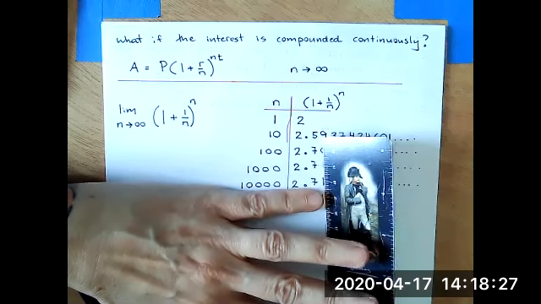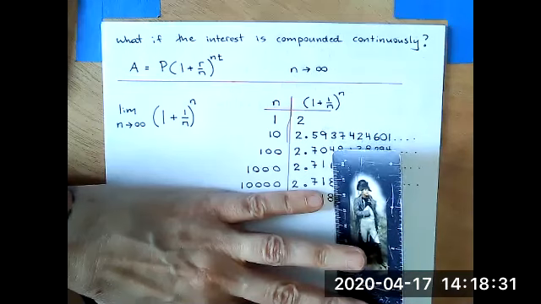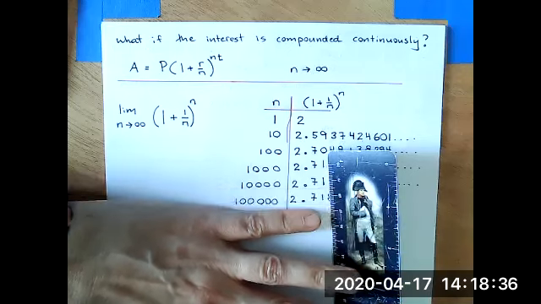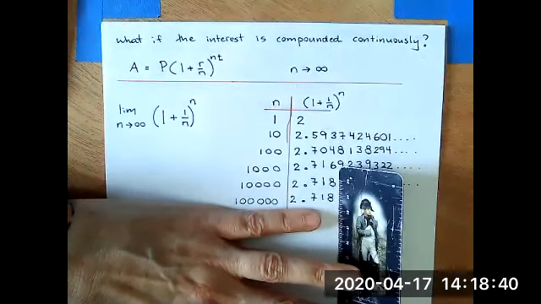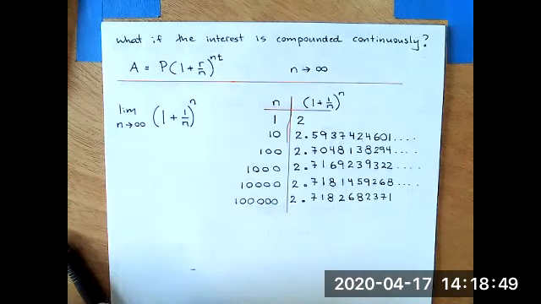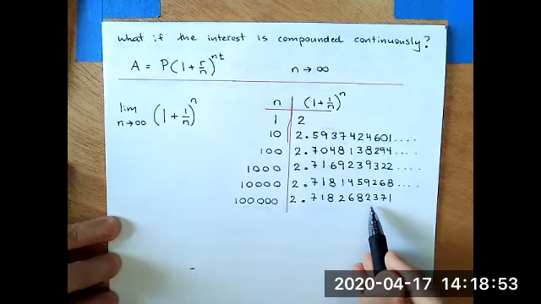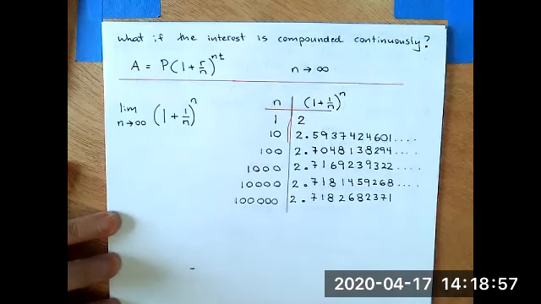If you plug in 10,000, these two numbers will agree to the hundredths place. If you plug in 100,000, then the two numbers will agree, which means they're equal to the same number if you round off to the thousandths place. So if we plug in bigger and bigger numbers, this is said to converge because it gets closer and closer to a particular number.